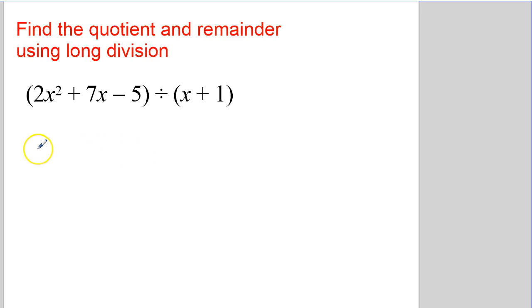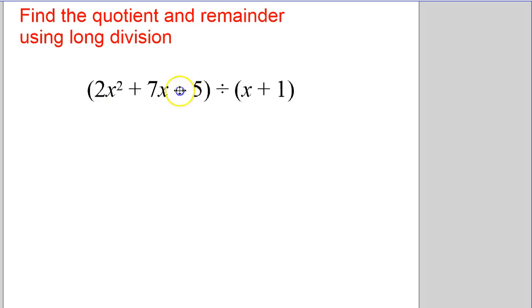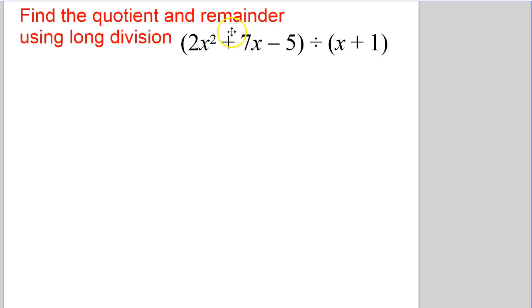Okay, this one, find the quotient and remainder using long division, and this is our dividend, this is our divisor. So what we're going to do is we're going to write x plus 1 and we're going to divide that into, I'm going to write this in standard form.